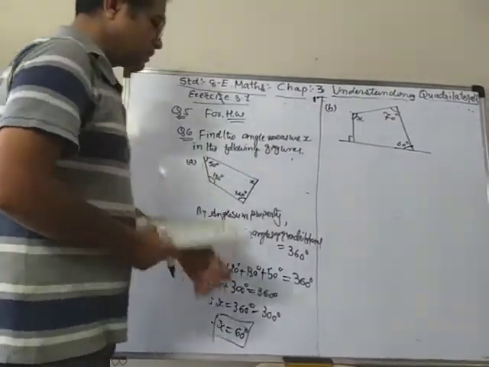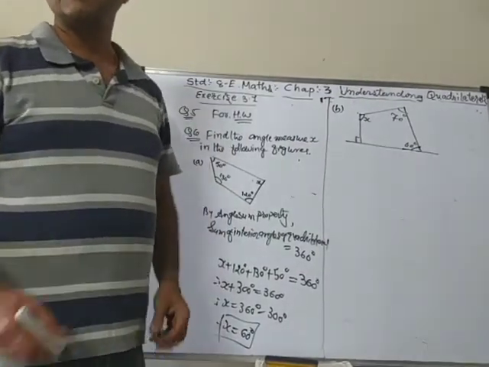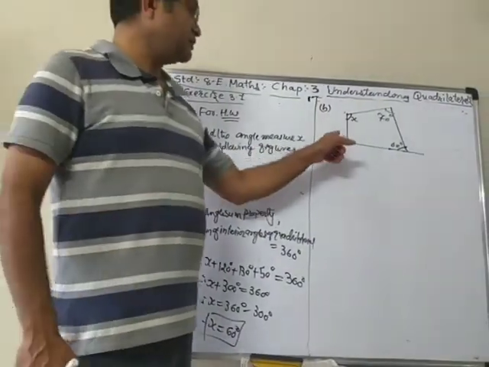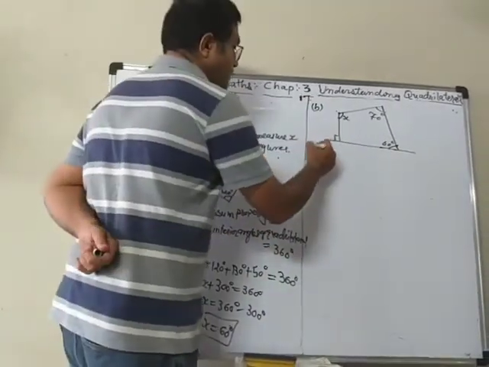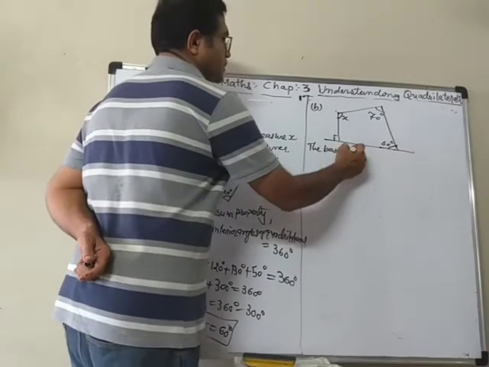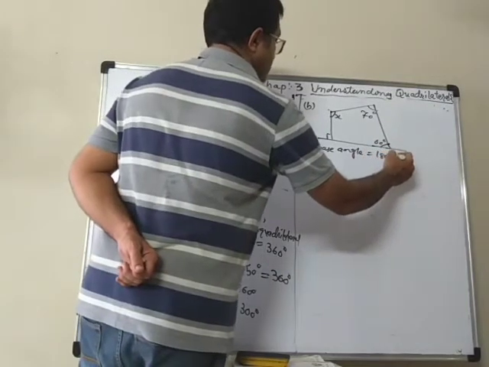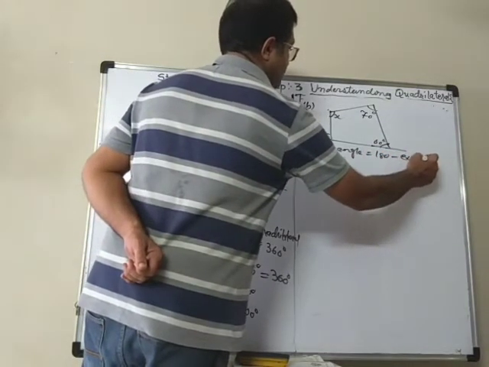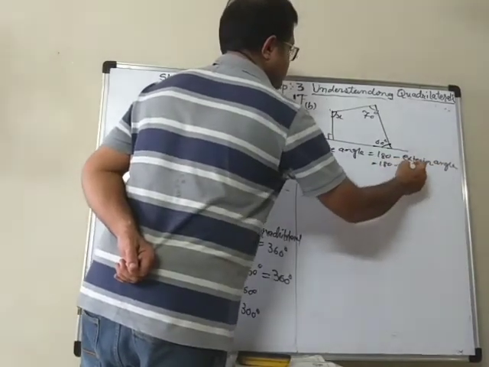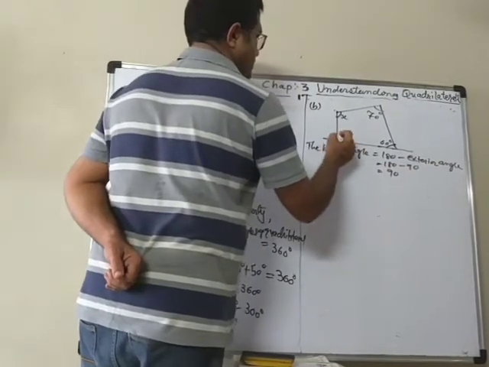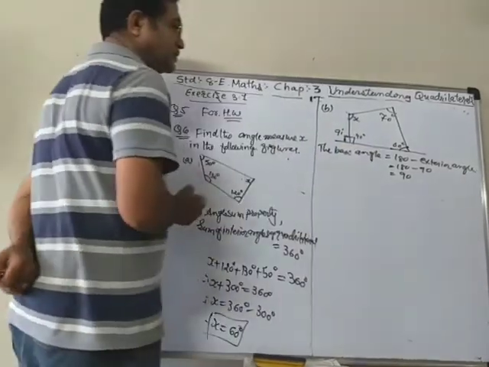Now here the interior angle is not given, but the exterior angle is given on the base. But we know that it will be 180 minus 90, means it will be 90 also. So we can write down the base angle is equal to 180 minus exterior angle, is equal to 180 minus 90 is equal to 90, because this symbol shows that it is 90 degree, so it will be also 90 degree.